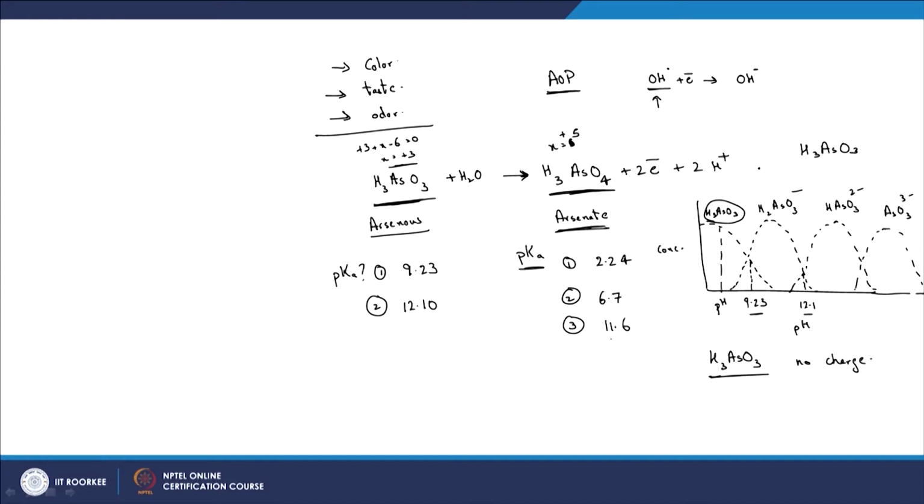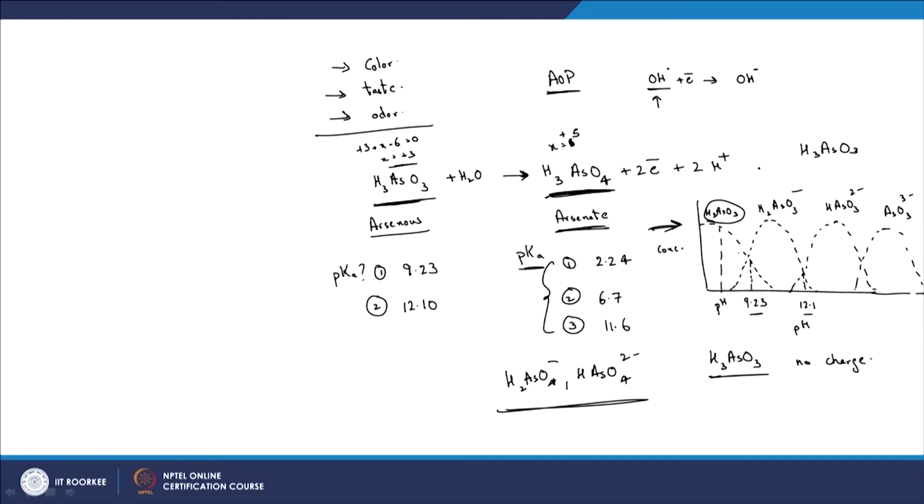And now keep in mind that if you look at the pKa values for H3AsO4, you see that the more oxidized form at neutral pH, around 7, will mostly be in the form of H2AsO4 minus or HAsO4 2 minus, as you can see from the pKa values near the pH. So what does that tell you about the system now?